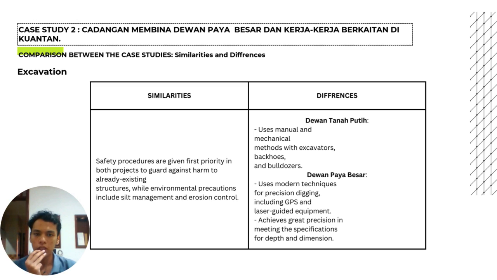The differences: Tanah Putih uses manual and mechanical methods with excavators, backhoes, and bulldozers. The other one uses modern techniques for precision digging, including GPS and laser-guided equipment. By using these modern techniques, they can achieve great precision in meeting the specifications for depth and dimension.